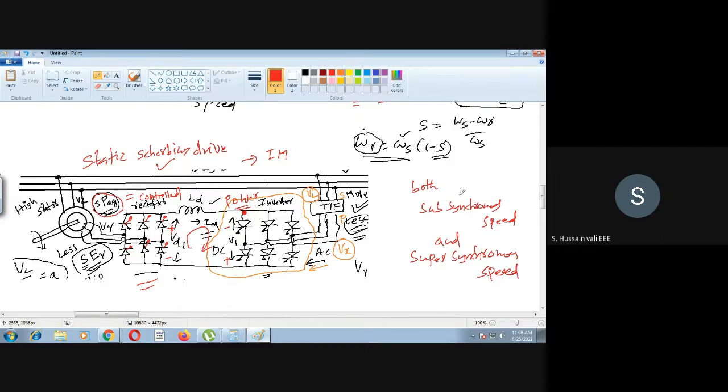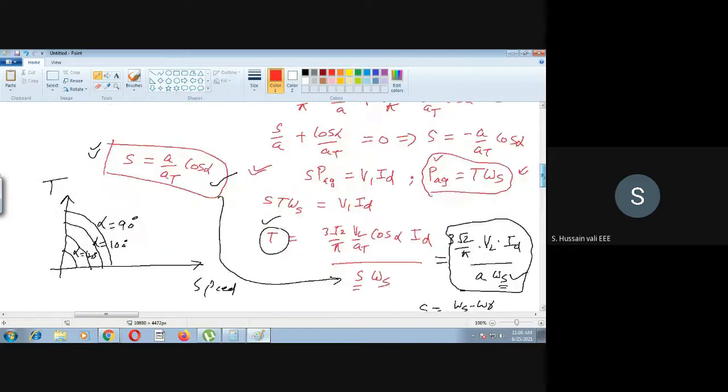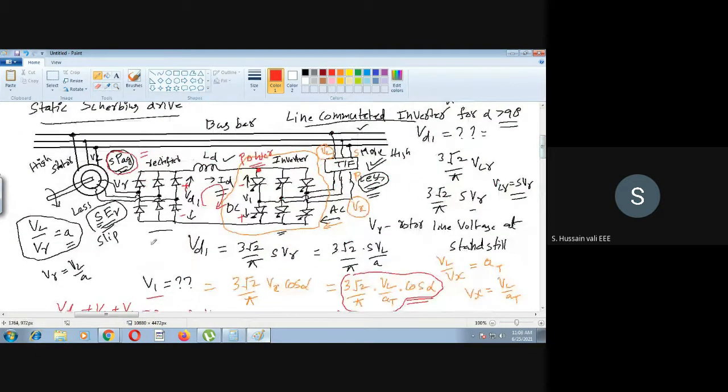What is meant by subsynchronous speed? Subsynchronous speed in the sense your NR value is always less than NS. Okay, this is subsynchronous speed. What is supersynchronous speed? NR is greater than NS. I hope you know these words, subsynchronous speed and supersynchronous speed. So the first picture, it is only for subsynchronous speed.